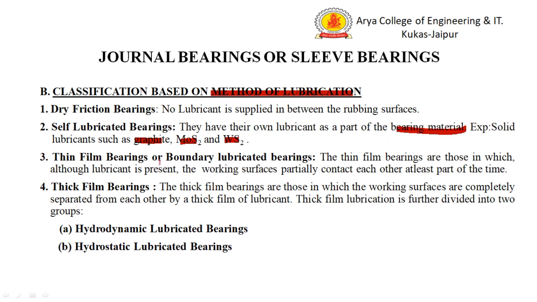In the thin film bearing or boundary lubricated bearing, there is a very thin layer of lubricating oil, so the working surfaces contact each other at least part of the time. In a thick film bearing, there is a thick film of lubricating oil between the two working surfaces. So, the working surfaces in thick film bearings are completely separated from each other.